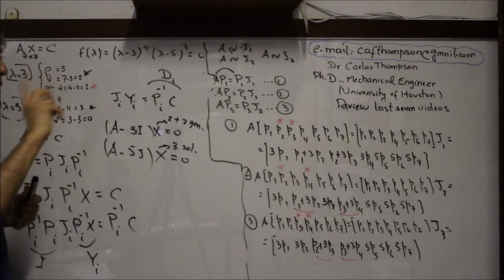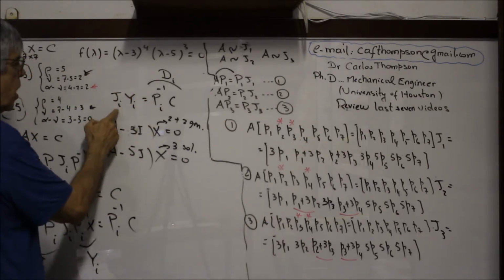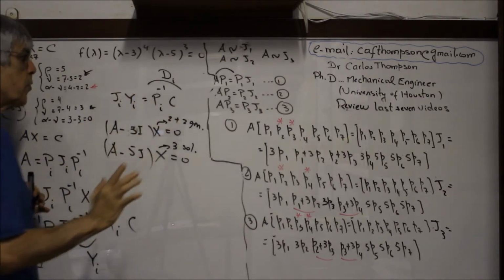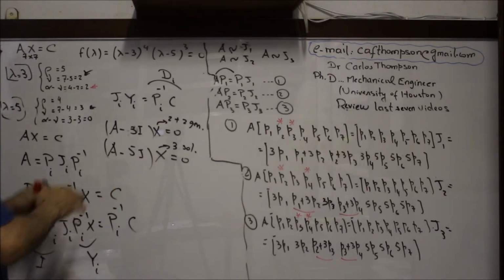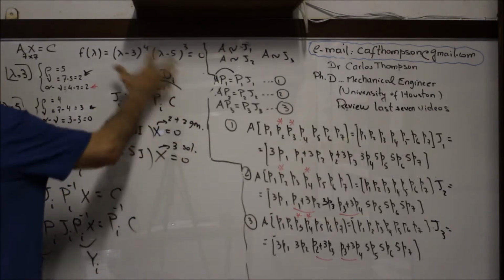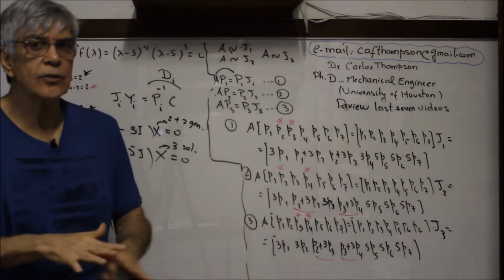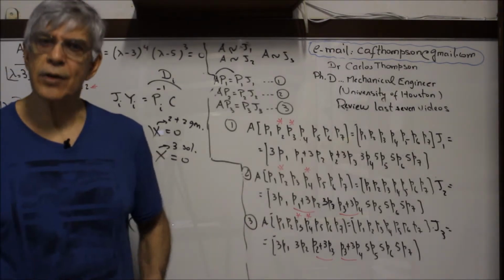The unknown doesn't change if I work with i equal to 1, or i equal to 2, or i equal to 3. Okay? Then that's important. So you must understand that the solution of this does not have anything to do with the minimum polynomial.